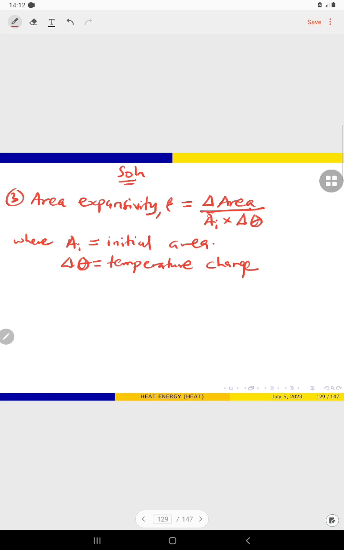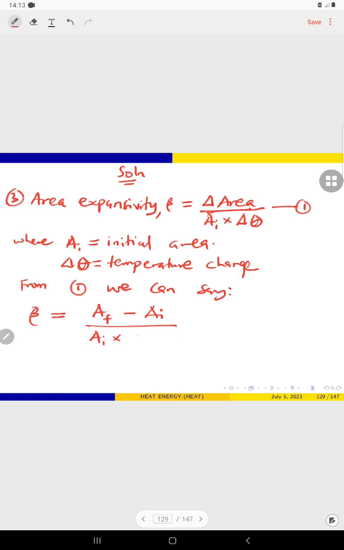Okay, so let's call this equation 1. Okay, so from 1 we can say that beta is A final minus A initial over AI times delta theta, where AF is the final area.